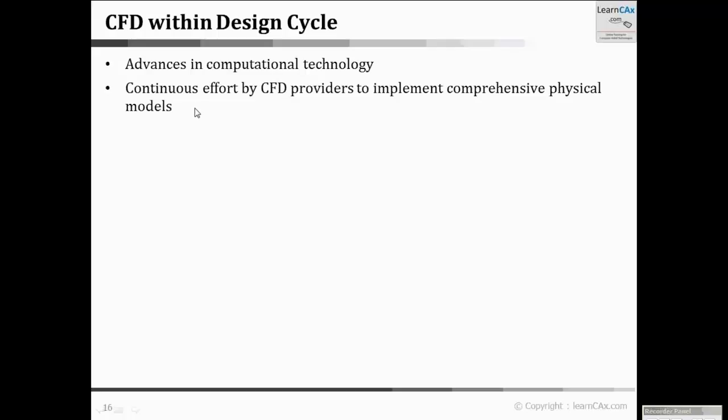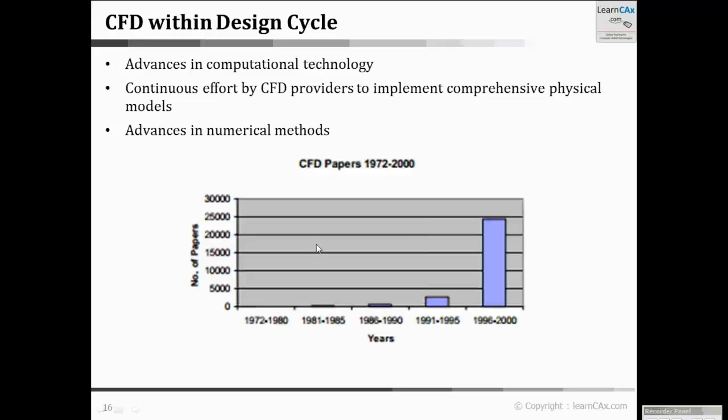There also has been continuous effort by the CFD software providers to implement various complex physics models. And also new numerical algorithms or techniques are continuously developed and published, which can be incorporated in order to solve a complex CFD problem. So all these three reasons have contributed into CFD being a mainstream design tool.